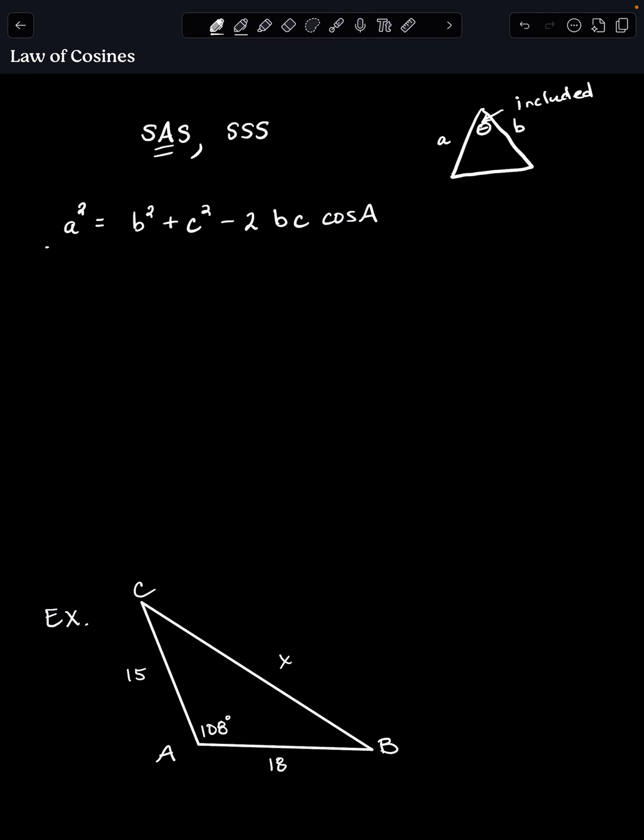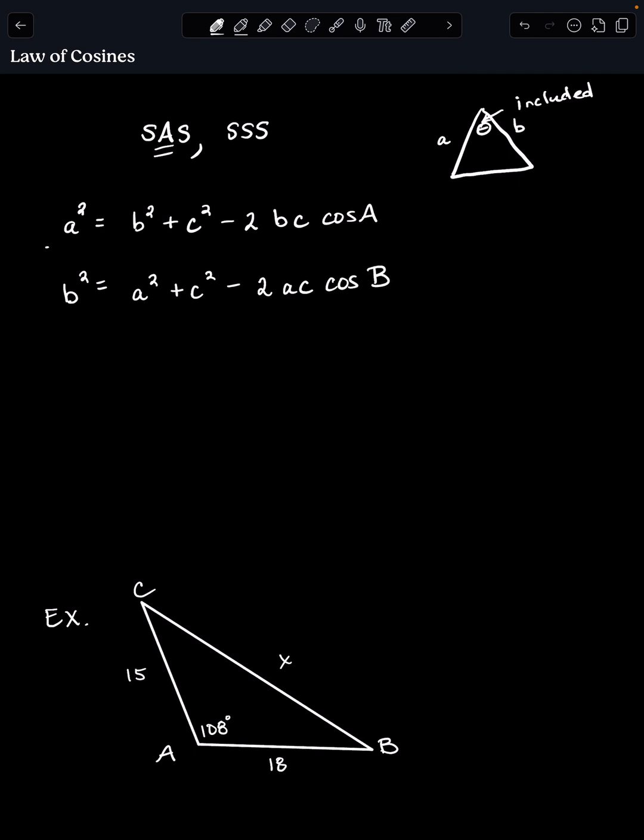So the one I've written is a squared equals b squared plus c squared minus 2 times bc times the cosine of A. All right, so if I had b squared, it would equal the other two sides squared, so a squared plus c squared minus 2 times those two sides times the cosine of B, that angle.